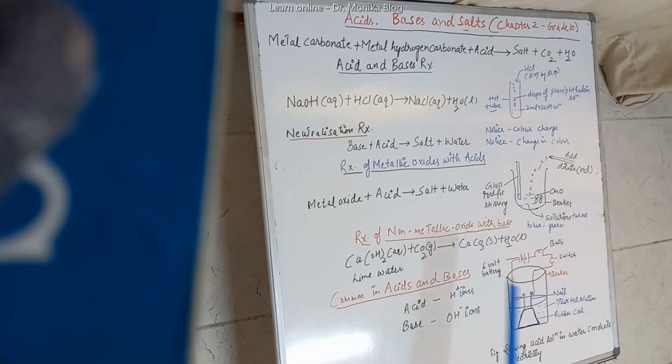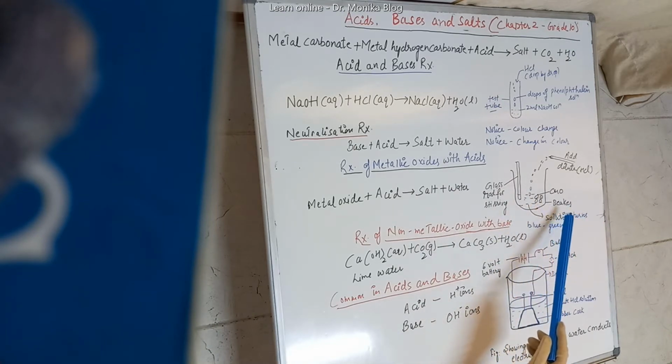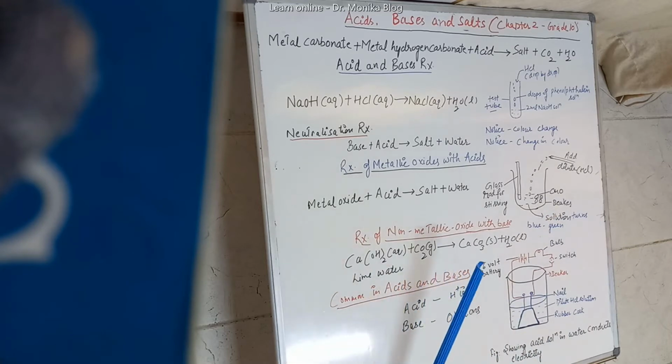Now we have to observe the color of the solution. You will notice that after addition of dilute HCl to copper oxide, the solution becomes blue-green as the copper oxide dissolves. The blue-green color of the solution is due to the formation of copper chloride in the reaction.